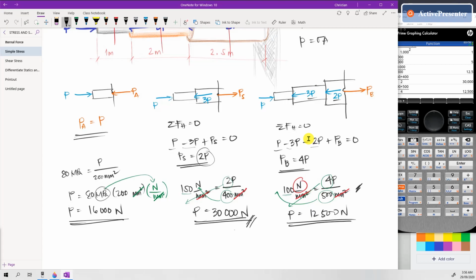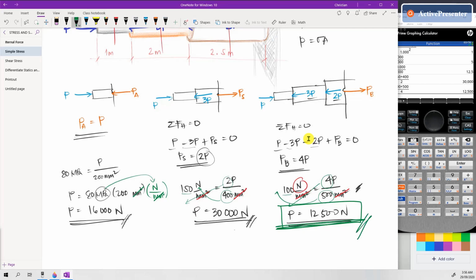So, ganun din kung gagamitin mo tong 16,000 Newton. And yung final answer natin will be etong smallest doon sa mga na-compute natin, no? Okay? Which is 12,500 Newton.